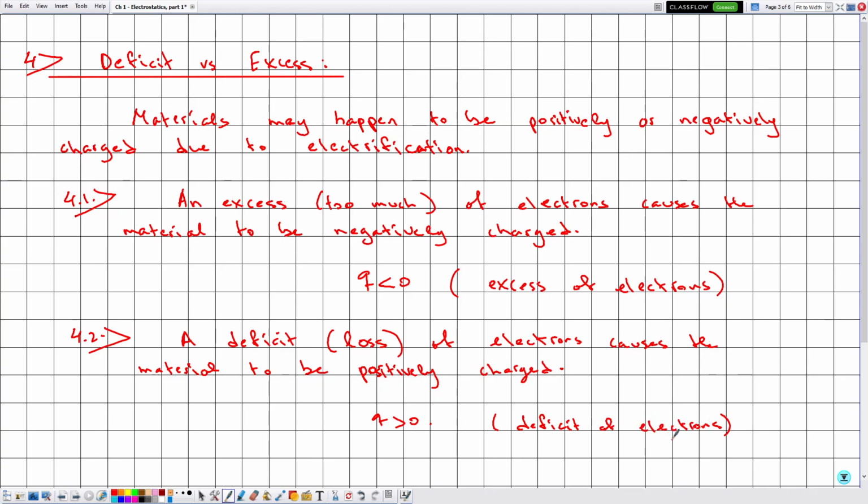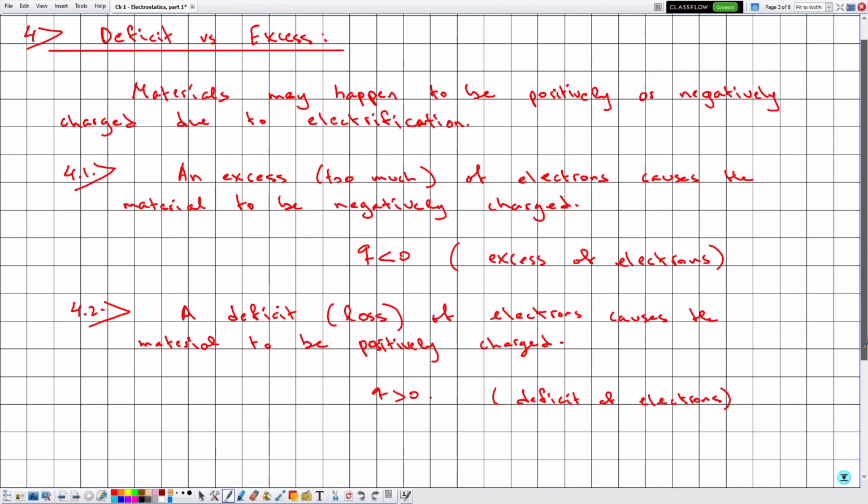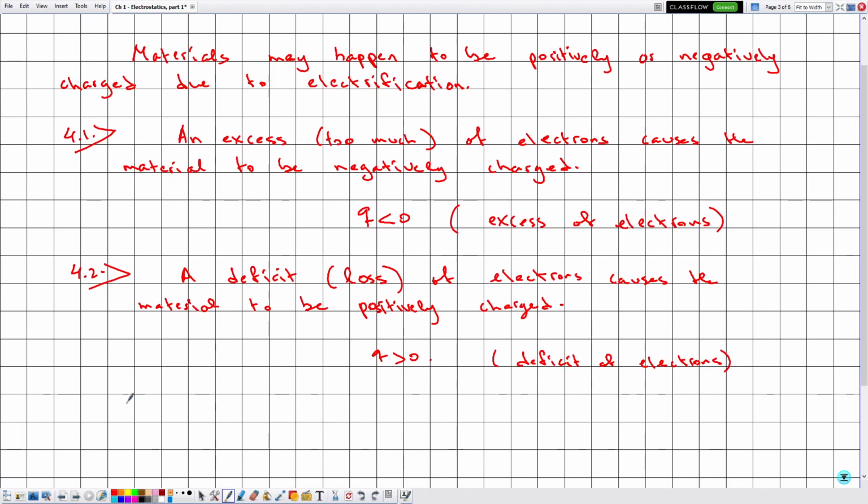Now here we are just talking about the loss and the gain of electrons, and this is because of this important note.